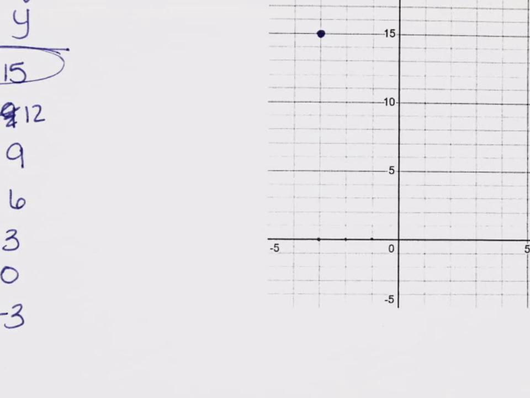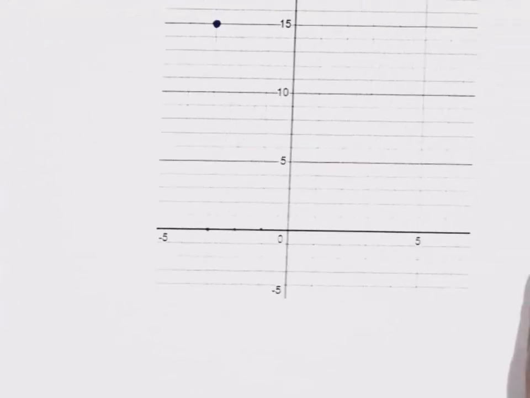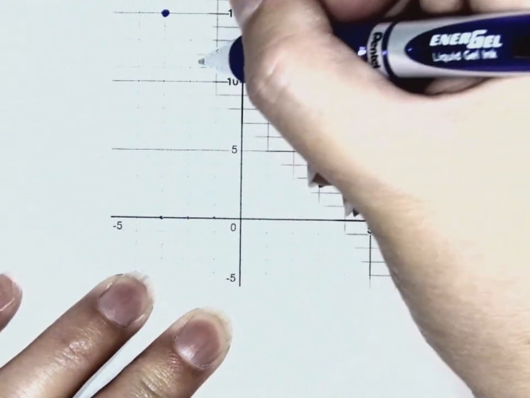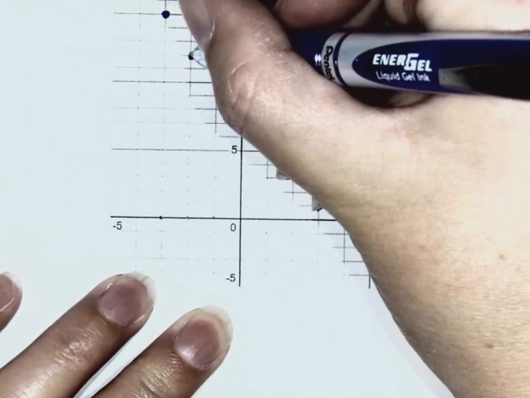Okay, graph the next one. Graph all of them. Don't wait for me. You graph, I'll graph. It'll be great. -2 and 12. So I'm going to 10 and I'm going up 2.